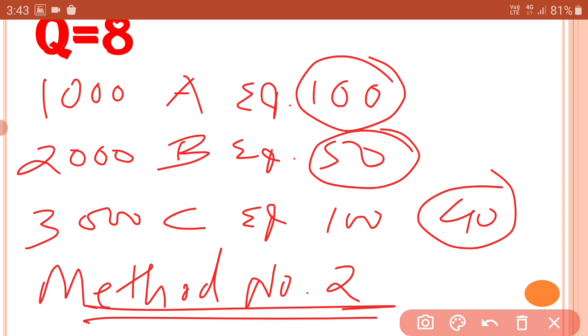Then creditors 35,000, and then bills payable 15,000. Okay, total 8 lakh.